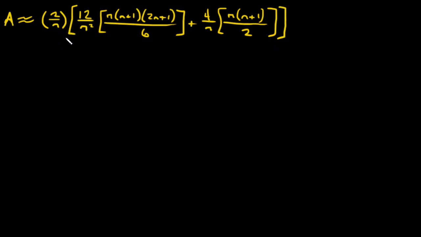So, now that I've got that, I can distribute this 2 over n, if that sounds good. I don't have to. I can wait, or I can send it through. I'm just going to go ahead and send it through. It's approximately equal to 24 over n cubed times, what does this become?